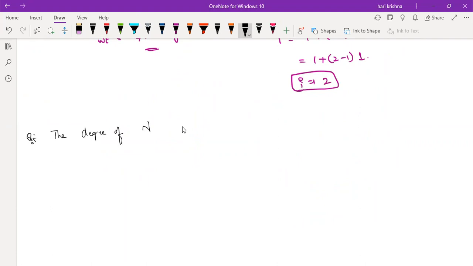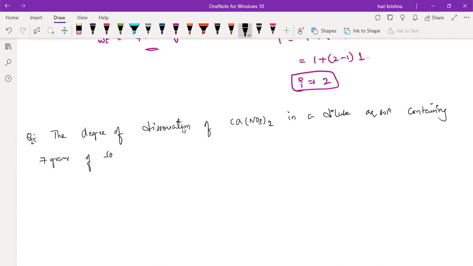The degree of dissociation of Ca(NO3)2 in a dilute aqueous solution containing 7 grams of salt per 100 grams of water at 100 degrees Celsius is 70%.